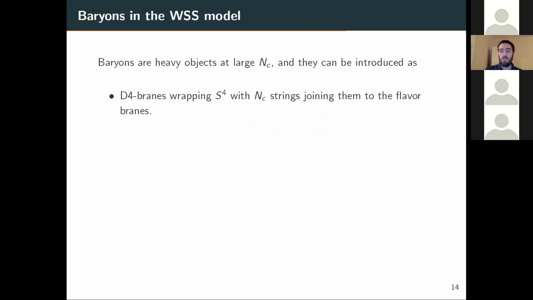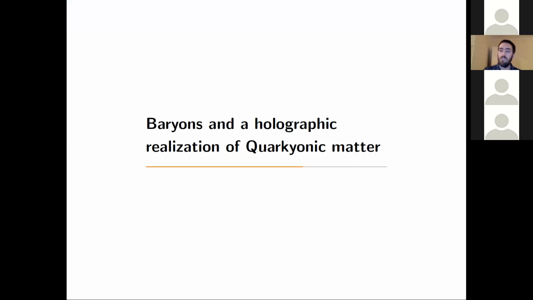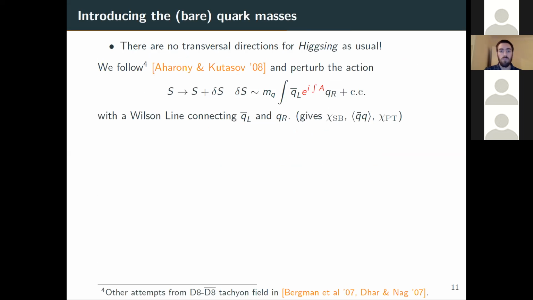Nico, can I ask a question? Yes. Hola, Martín. You say that you include a term which generates the mass of the pion. Yes. But in the Sakai-Sugimoto model and these models with the flavor branes, you already had mesons. Mesons, yes, but the pion was massless. But you have a tower of pseudo-scalar mesons.